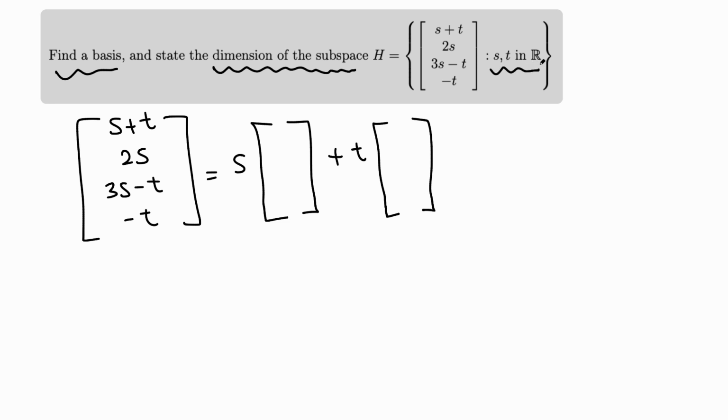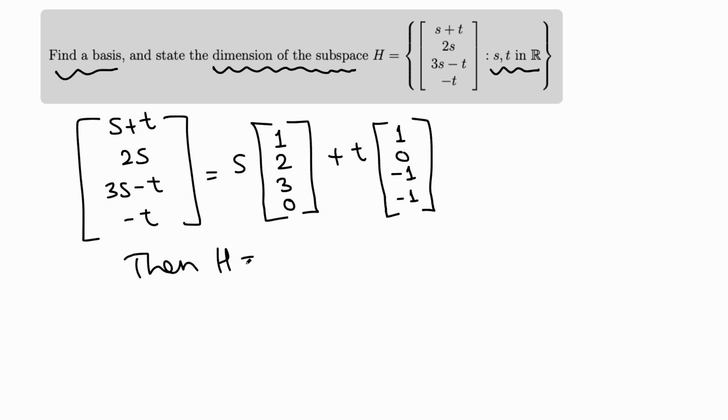S and t are any real number. Okay, 1s, 1t, so 1, 1, 2s, 2, there is no t, 0, 3s, there is a 3, minus t is negative 1, and there is no s, 0, minus t means negative 1.